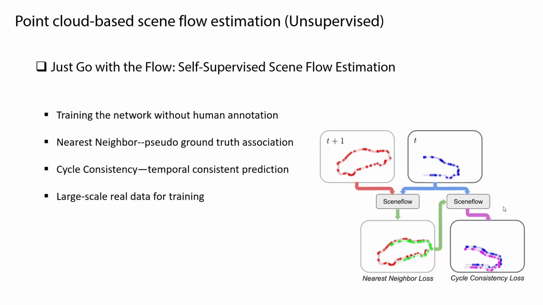The cycle consistency loss allows the prediction to be temporally consistent. To compute this loss, they input the predicted translated point cloud and the original point cloud to the network, and estimate the reverse flow. The loss function computes the distance between the predicted flow and the reverse flow. With these two losses, they could train a scene flow network over a large-scale unannotated dataset.